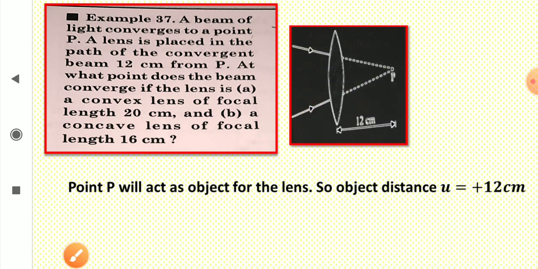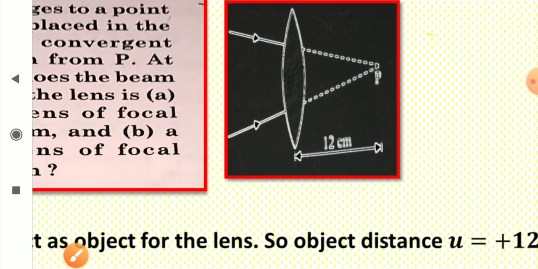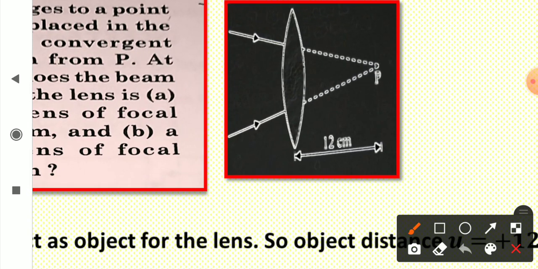And in the first case, it is a convex lens. So, the incident rays are these two, and they were meeting at point P, and at 12 centimeter from point P, this lens is placed. So, now they will not meet at this point P, and you know that convex lens is converging.